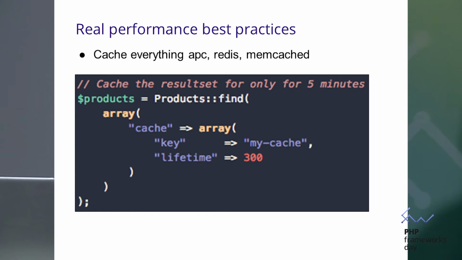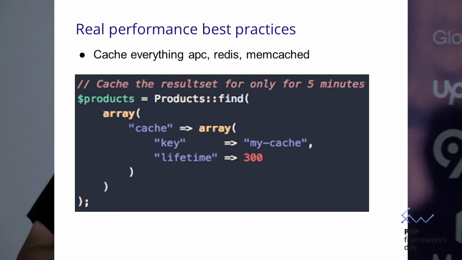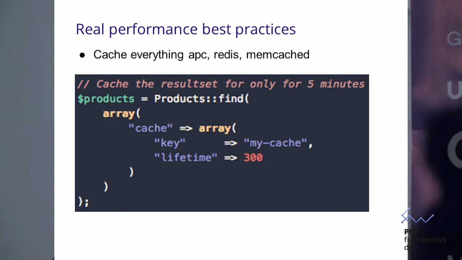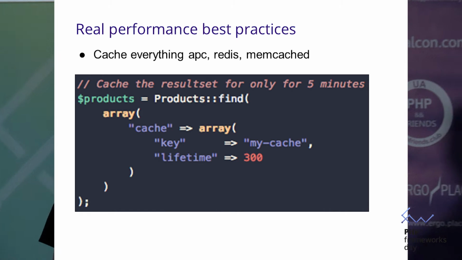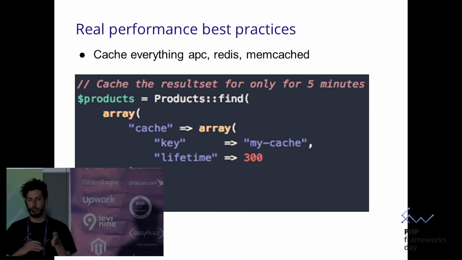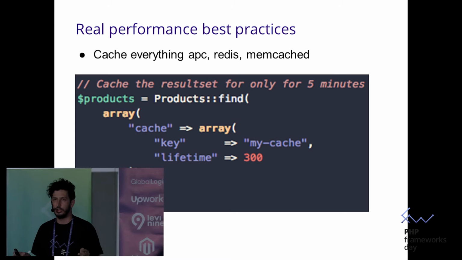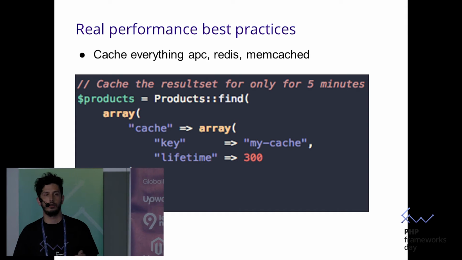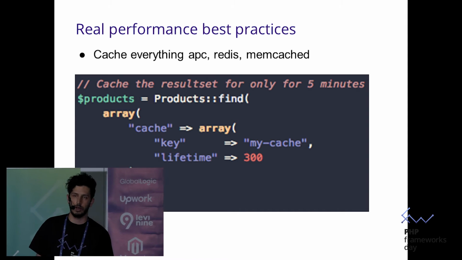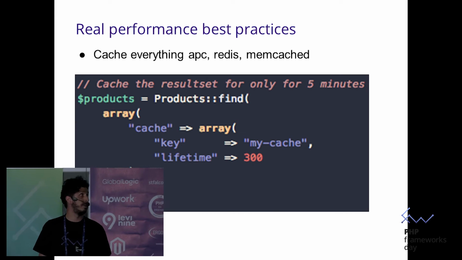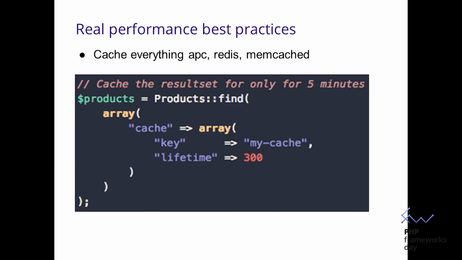Okay, so another thing that I want to say is that Phalcon is not a silver bullet that you install and automatically everything is fast and you don't have to do anything, because I would be lying if I said that.